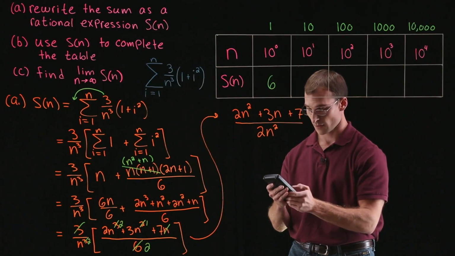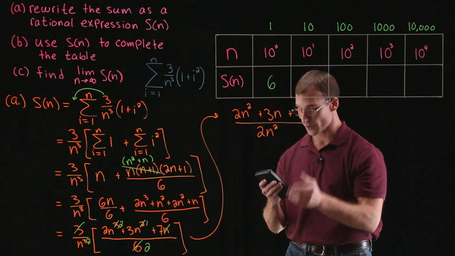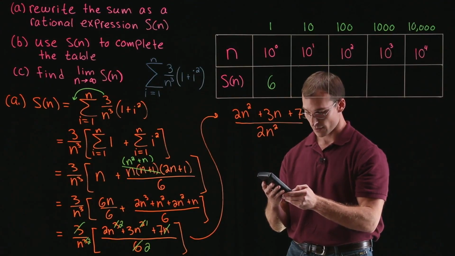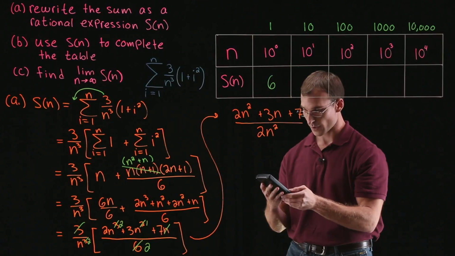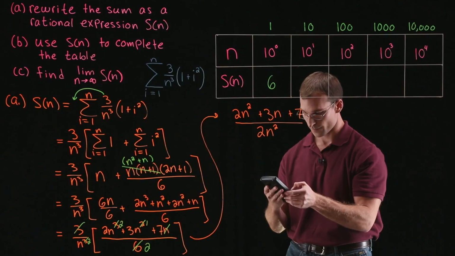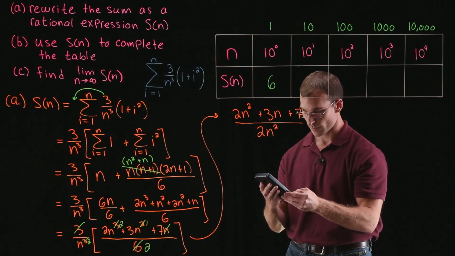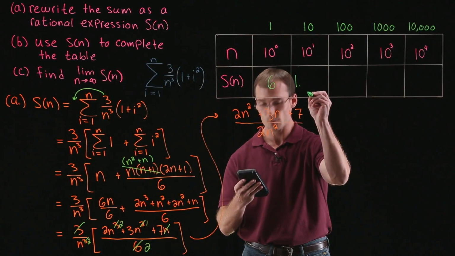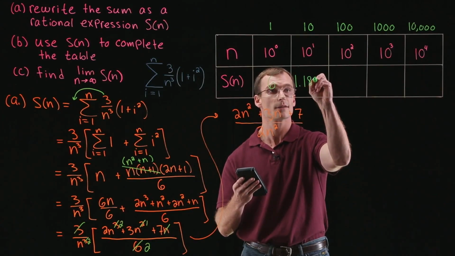And next, plugging in 10 to the first, or just 10, so 2 times 10 squared plus 3 times 10 plus 7, all divided by 2 times 10 squared. So it gives us something like, say, 1.185.